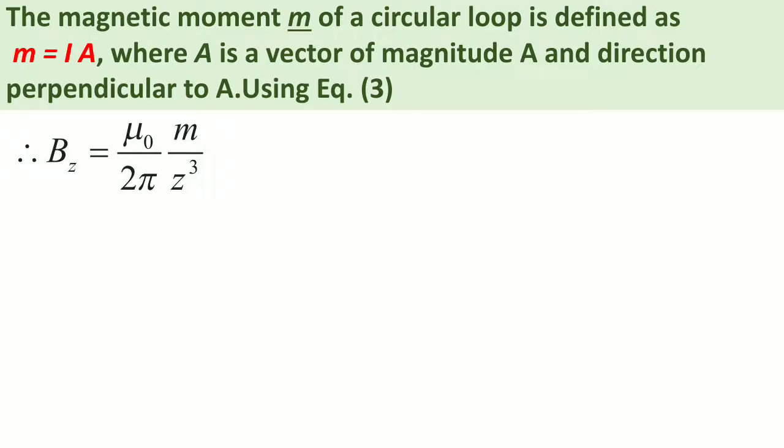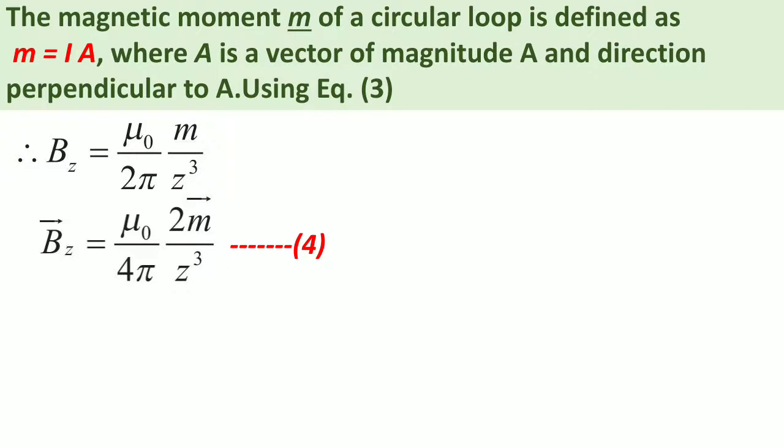Now to make it mu naught upon 4 pi, we have 2 pi here. What we have to do to make it 4 pi? Yes, we have to multiply and divide it by 2. So this equation will become vector of Bz is equal to mu naught upon 4 pi 2 vector of m upon z cube.